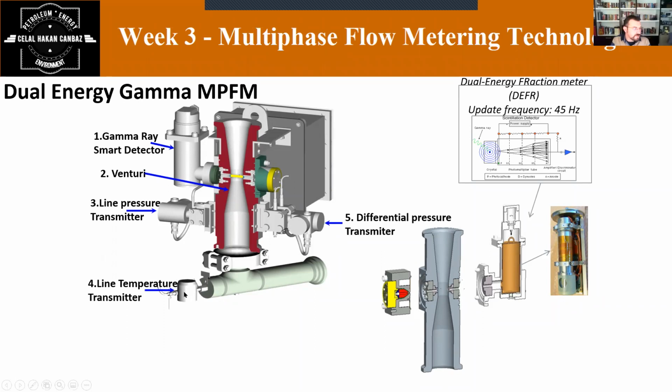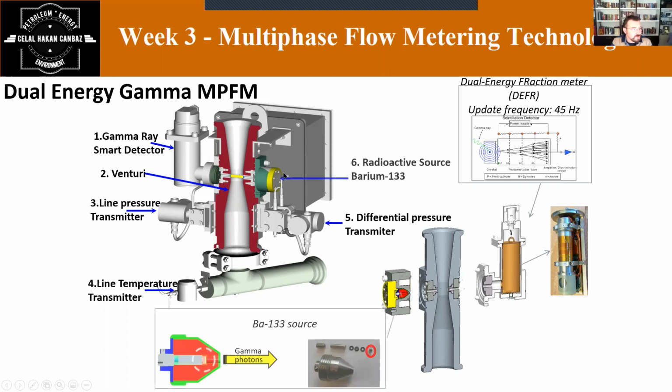The line temperature transmitter is put in a different place compared to these two, close to the venturi section, but Schlumberger laboratory measurements show that the best representative temperature value can be obtained in this section, when the fluid collides with the closed wall of the pipe and mixes. The best mixture can be obtained here, so they put the line temperature transmitter here.